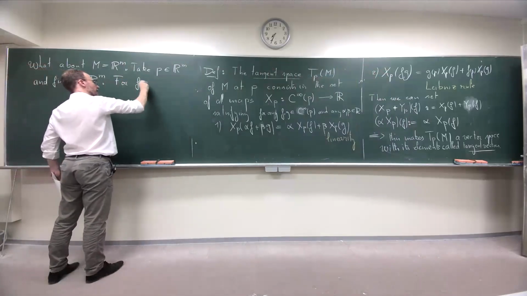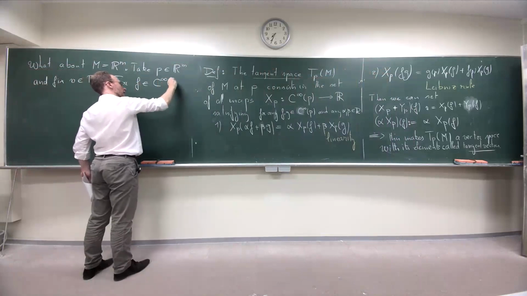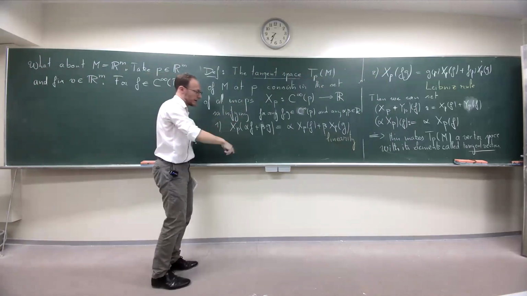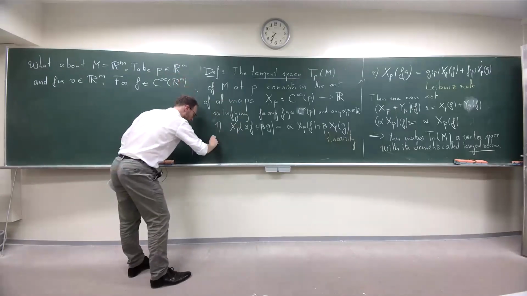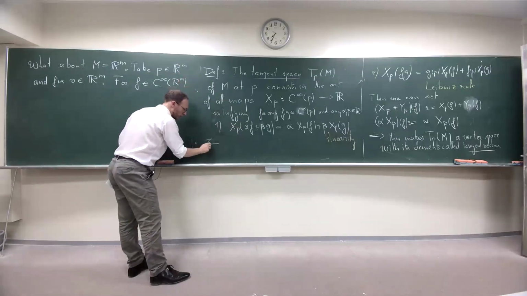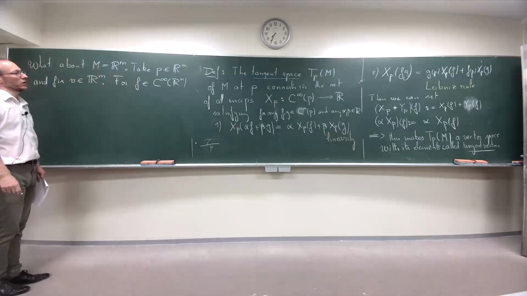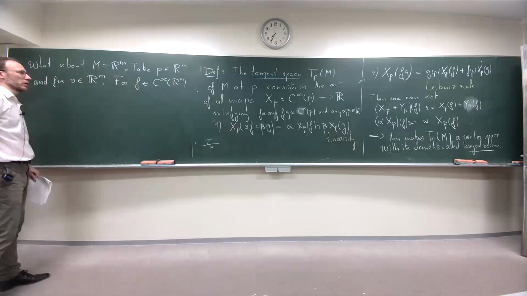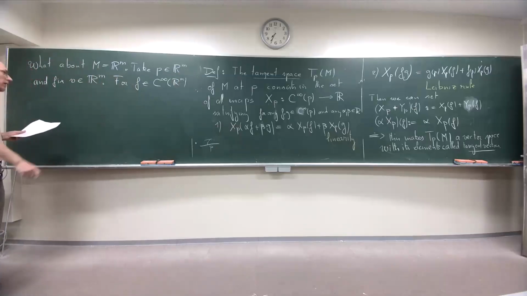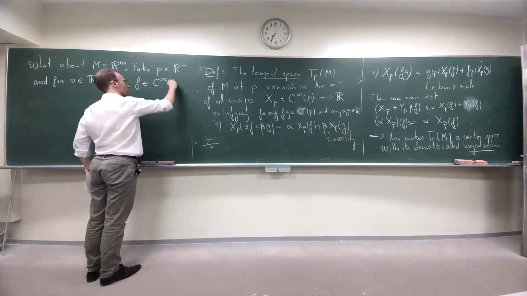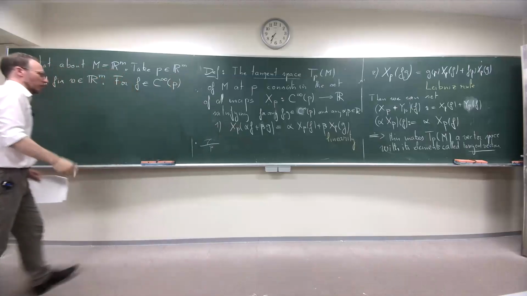For f inside C infinity, so it's what the pictures I did before. These are just functions defined on a small neighborhood of p. For any function defined around a point p in R^m.